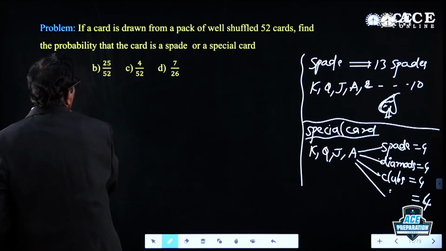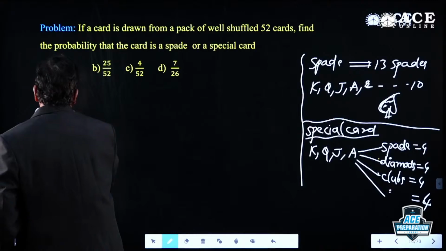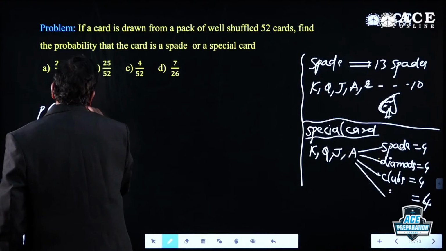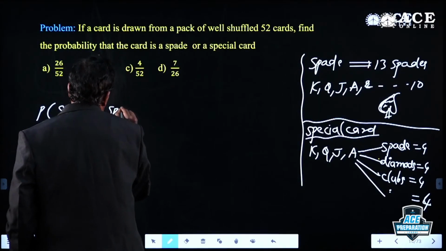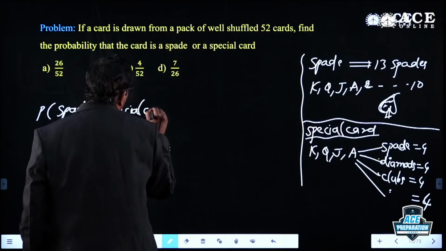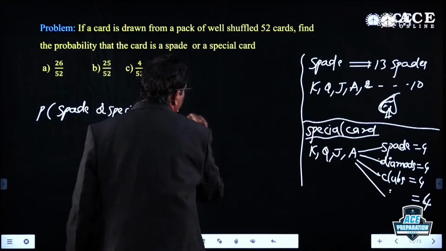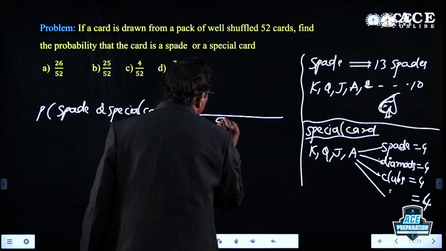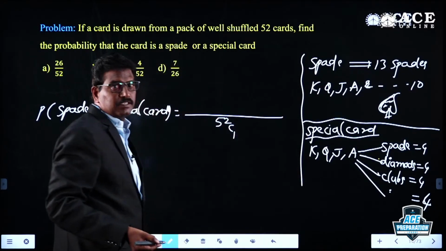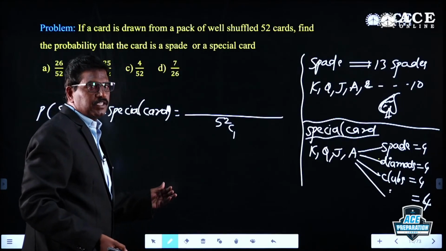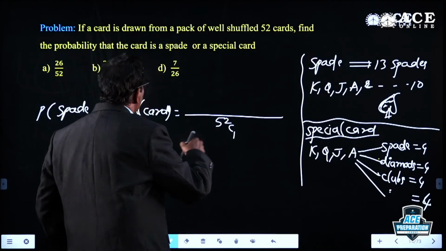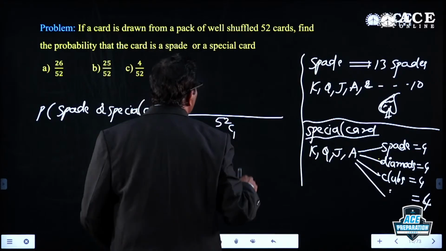Now the question is the probability of a spade or a special card. The denominator is nothing but 52c1. Why 52c1? Because we are drawing one card among 52 cards.